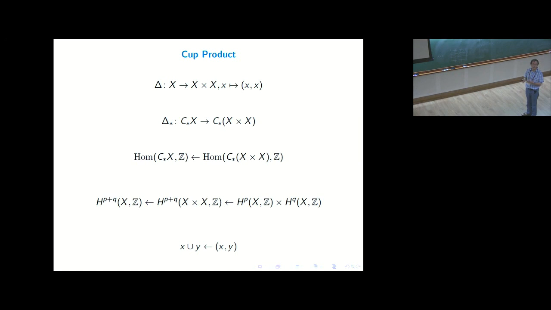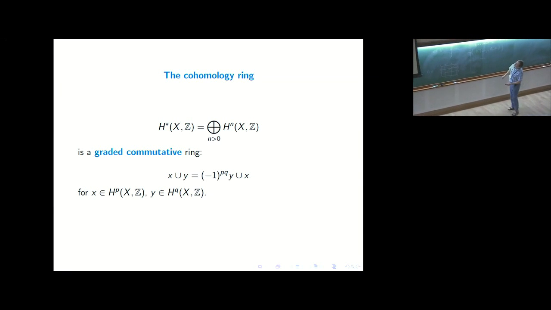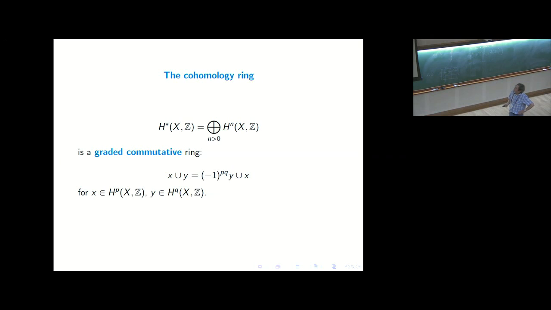Apart from that, you just take the oldest topology book, Spanier or something, and you just write down the formulae on the computer. Once you've got a cup product, and I'm still over the integers, this cup product gives you a graded commutative ring structure.